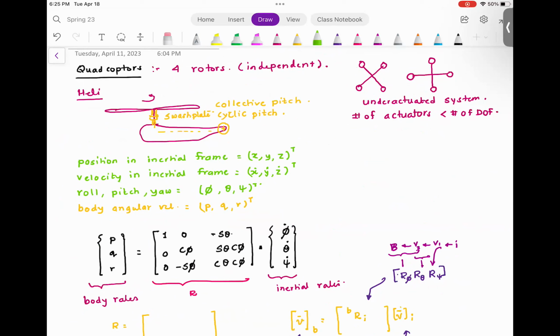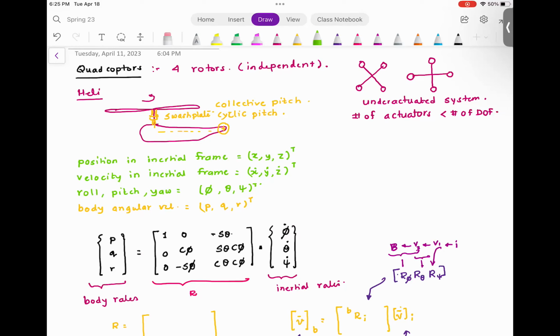Everyone understood this? So basically x3 dot is equal to R inverse x4. Are you with me? x3 dot is equal to R inverse x4.